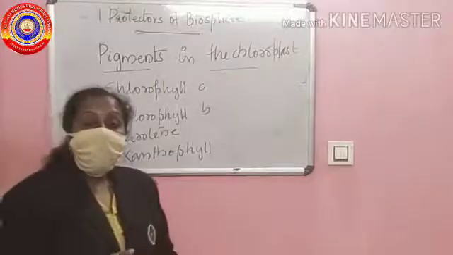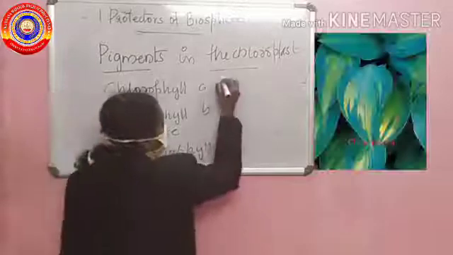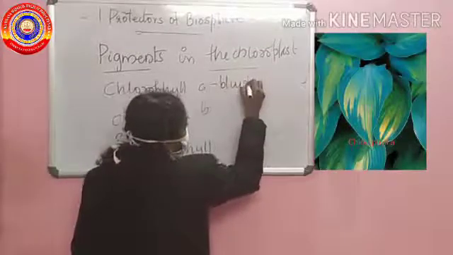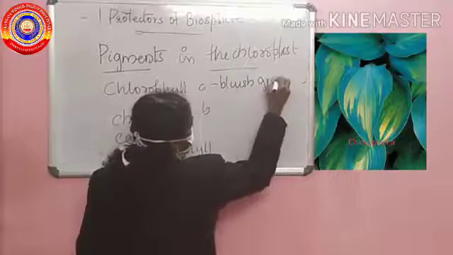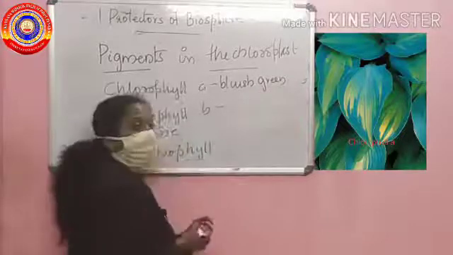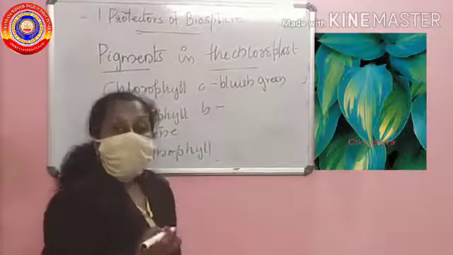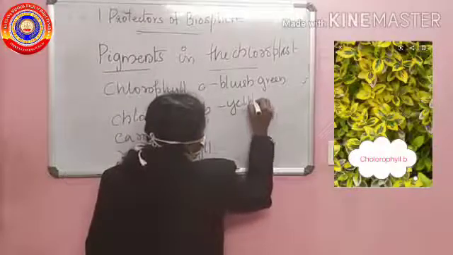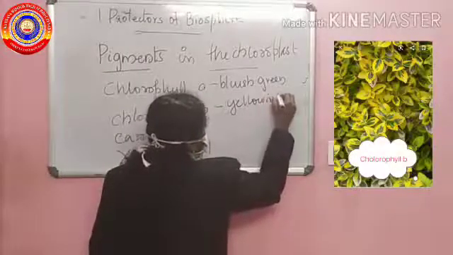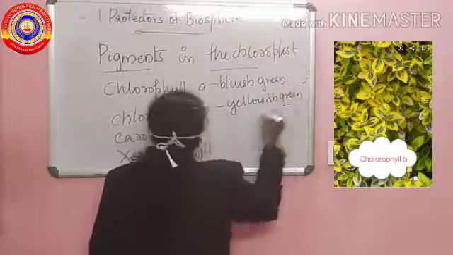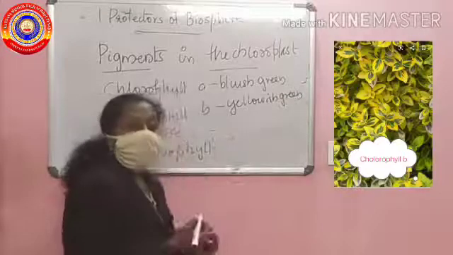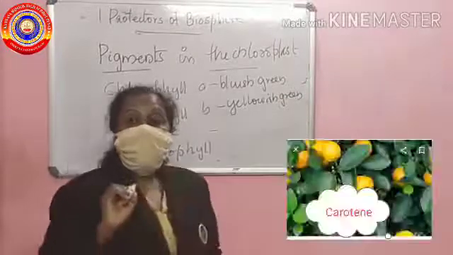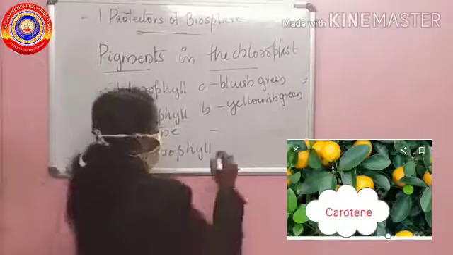Chlorophyll A imparts bluish green in color. Chlorophyll B imparts yellowish green. Carotene imparts yellowish orange.